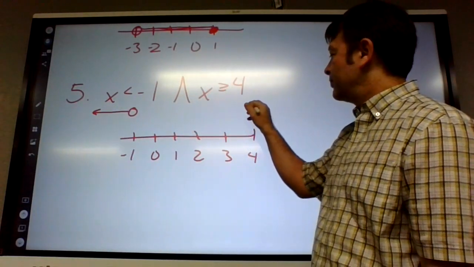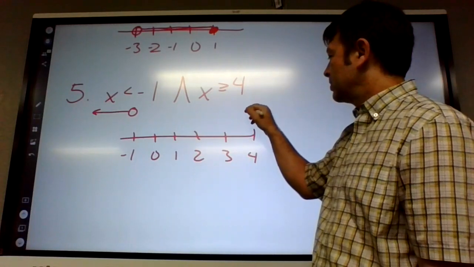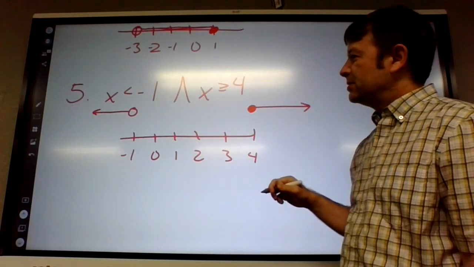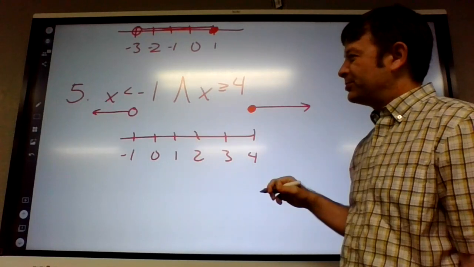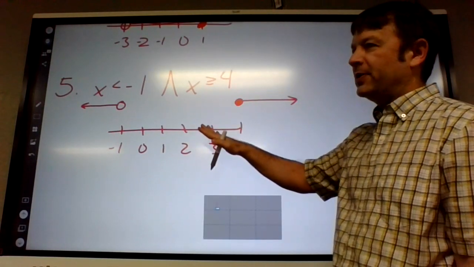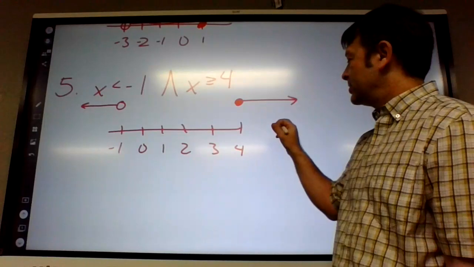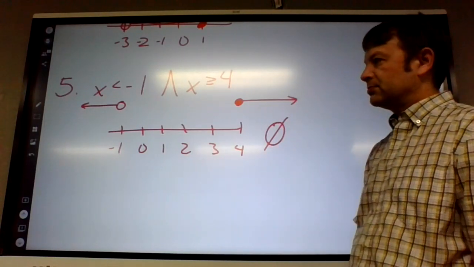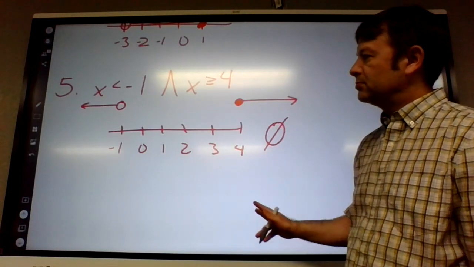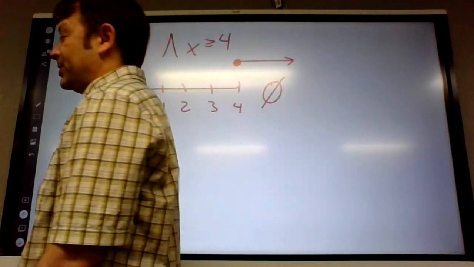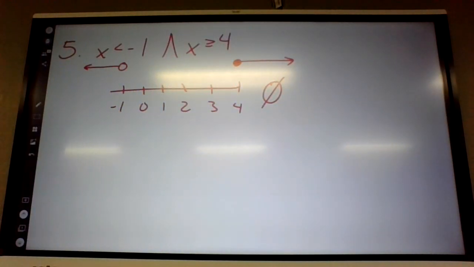Greater than or equal to 4, it's going that way. So what numbers would work for that? Nothing. So we're just going to leave the graph blank. I guess I'll go ahead and write over here no solution. Technically, you are supposed to have just an empty graph as the answer.